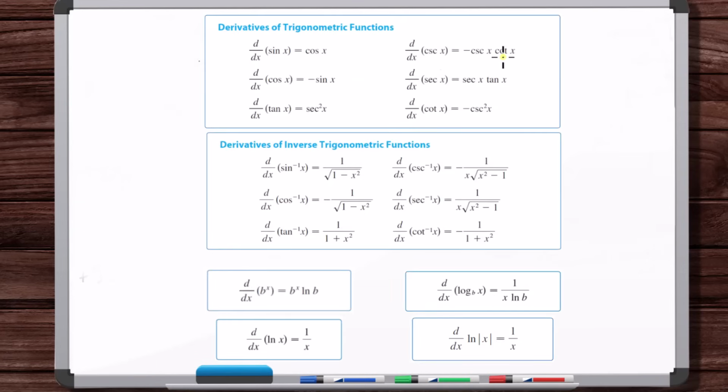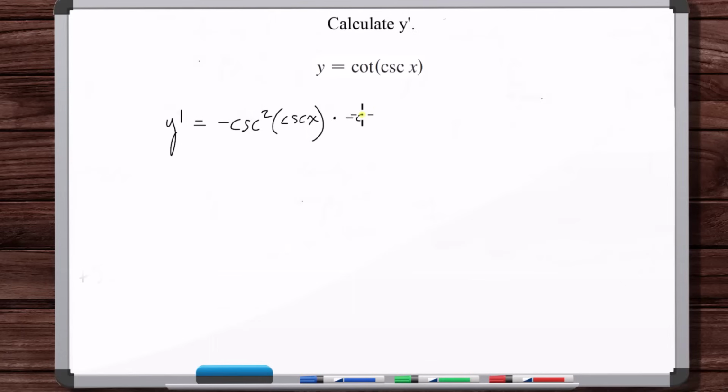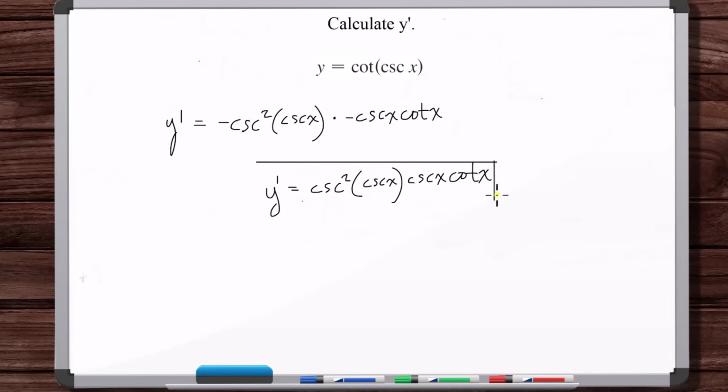Minus cosecant cotangent x. Okay, so these minus signs combine to give a positive, so we're left with that's the derivative.